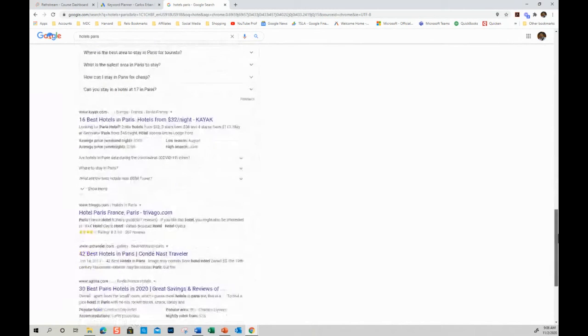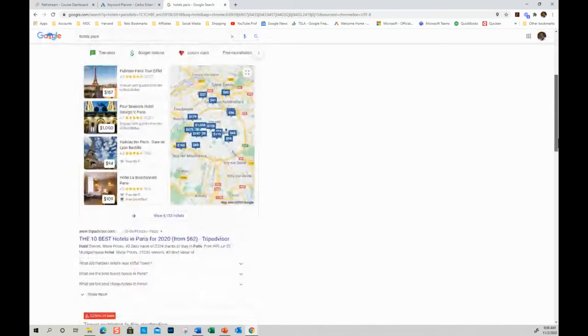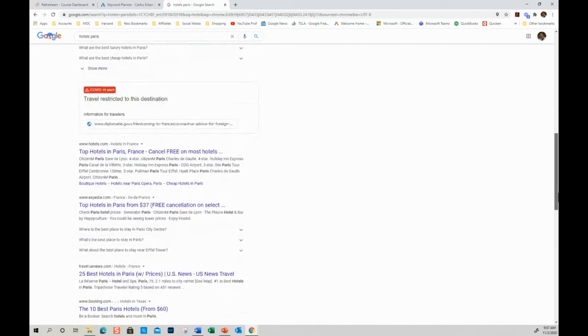So what's interesting is that doing your own searches for what you're going to be searched for is a good way to understand the keywords that you need to use. And they put it here: accommodation, hotels. Okay, those are keywords. Those are all keywords. Paris, of course, because Paris is one of the words that I put, right?